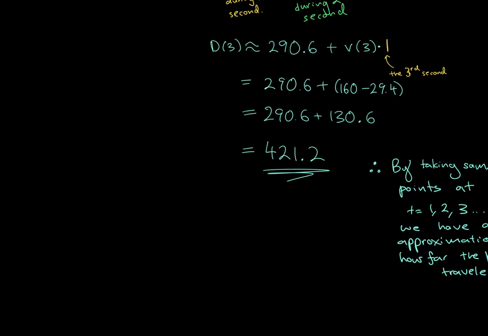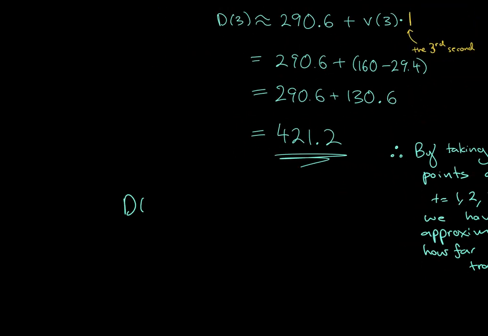Something to notice, overall, what we really did is we said d of 3, I'll just use symbols, is approximately equal to 1 times v of 1 plus 1, so that's the second point of motion, times v of 2 plus 1 times v of 3. And context clues tells you, hey, this 1 times all of this nonsense kind of looks like a delta t.